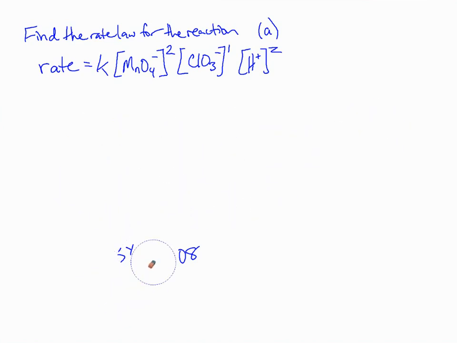And again, we're going to follow the same basic process. For this one, you want to figure out where hydrogen is changing. Hydrogen changes at trial number 4, and in trial number 4, everything else has a concentration of 0.1 molar.